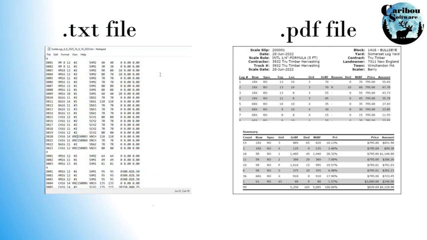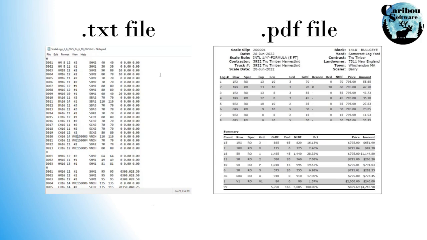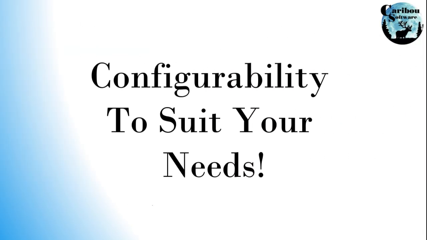Once entered, the system can generate detailed log listings, professional PDF reports that outline the lengths, diameters, grades, species, and any deductions. You can also control how the screens are laid out. Entry fields can be reordered, renamed, or hidden entirely.